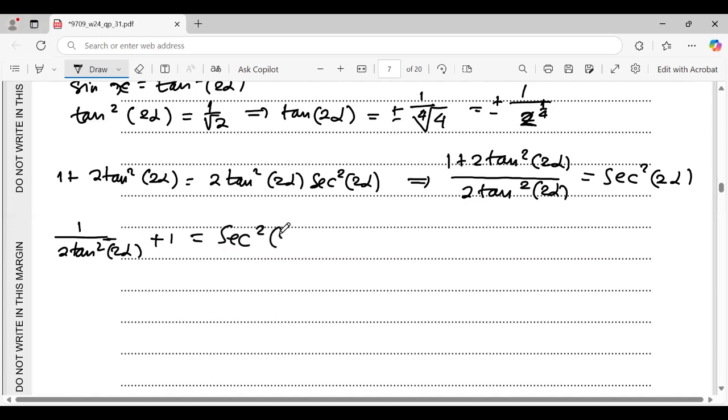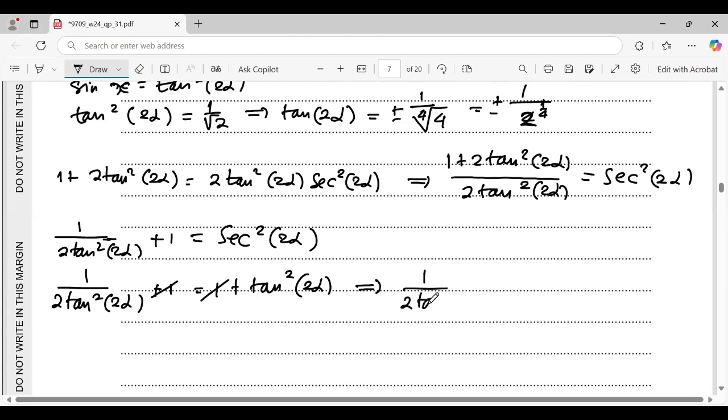Secant squared 2 alpha, this 1 over 2 tangent squared 2 alpha plus 1 is 1 plus tangent squared 2 alpha. 1 minus 1 equals 0. So it becomes 1 over 2 tangent squared 2 alpha equals tangent squared 2 alpha.